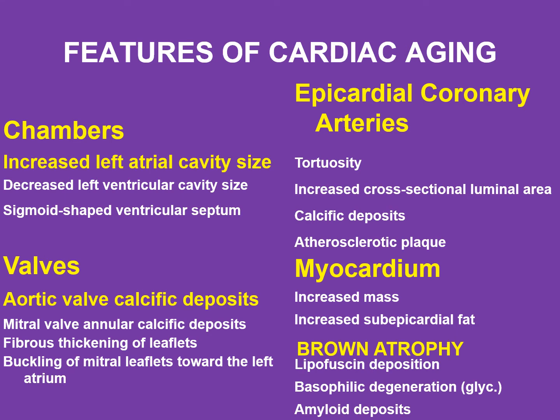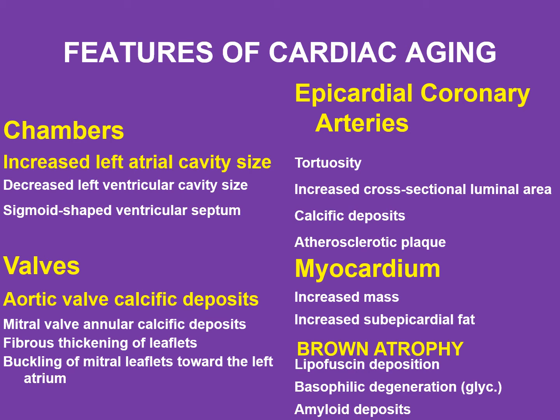The epicardial coronary arteries would show tortuosity, increased cross-sectional luminal area, calcific deposits, and atherosclerotic plaque. Actually, the changes in the epicardial coronary arteries are not exactly normal, but they are so common in most people that they are seen as quote-unquote normal.